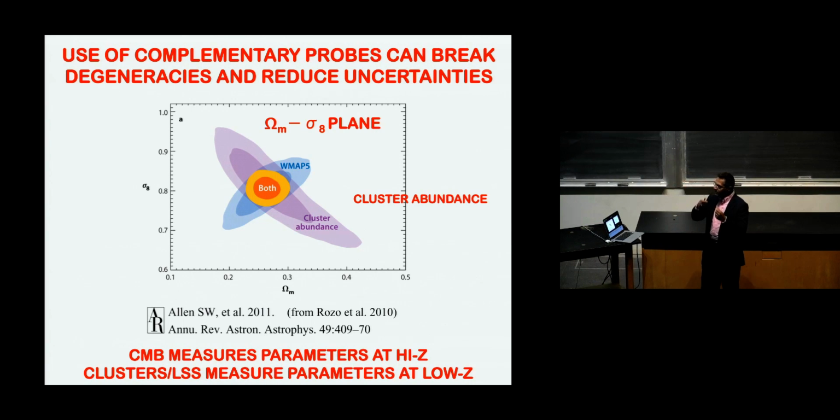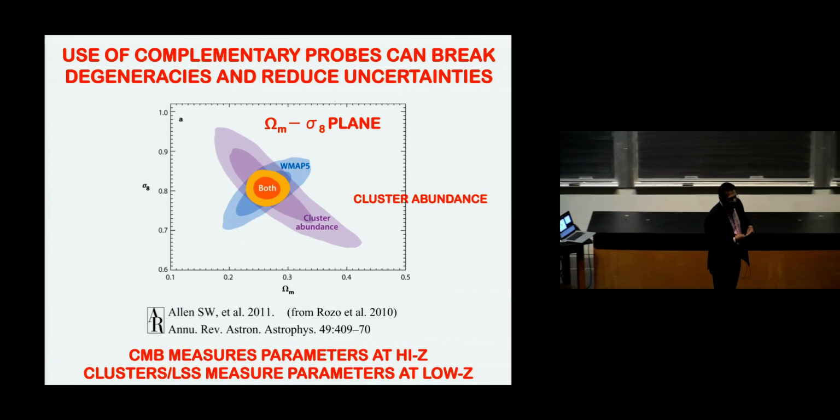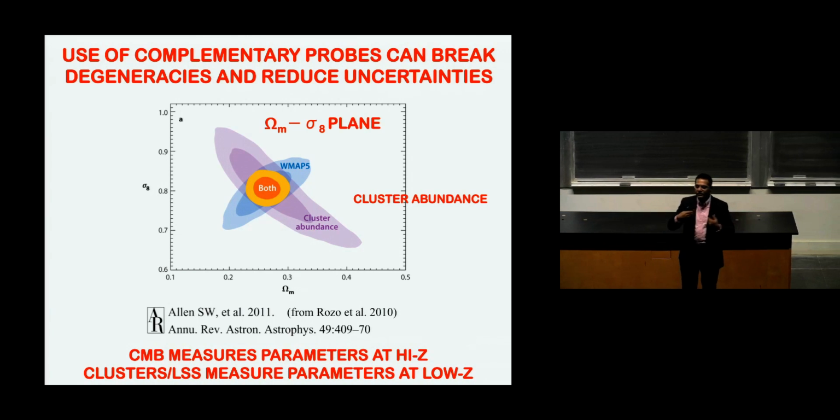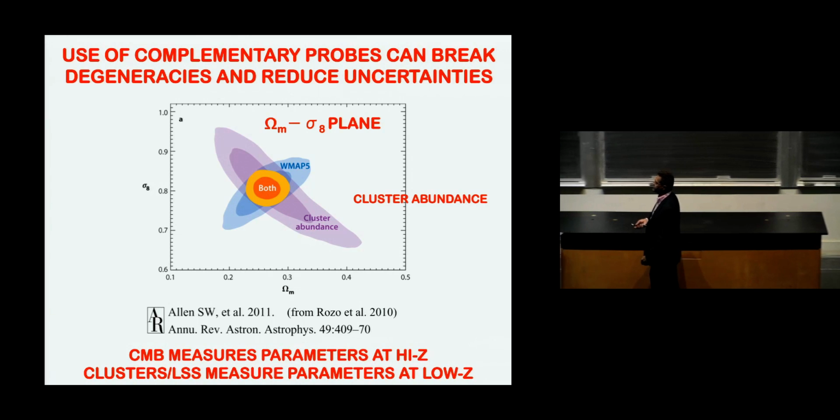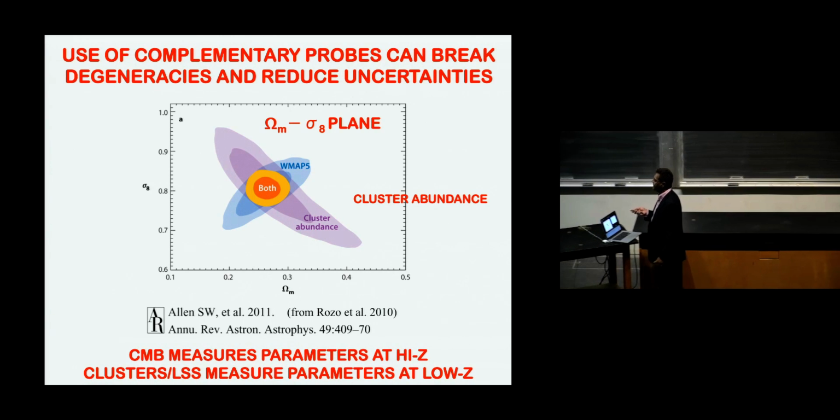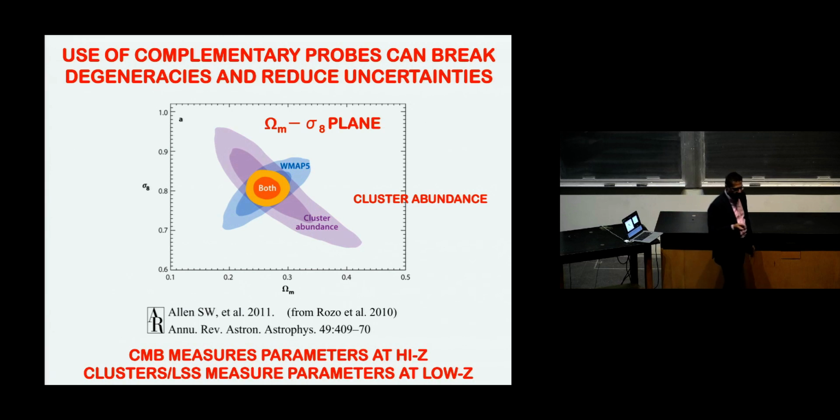And so by measuring the properties of clusters, the number densities, how rapidly they're changing over time, these properties allow us to then walk back and constrain some of the parameters like the expansion of the universe.